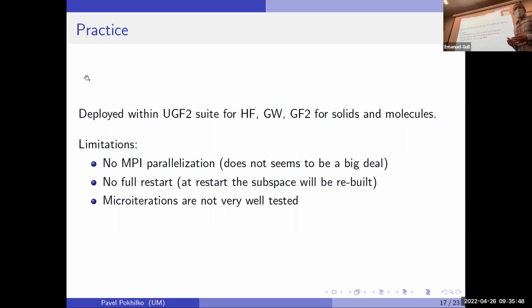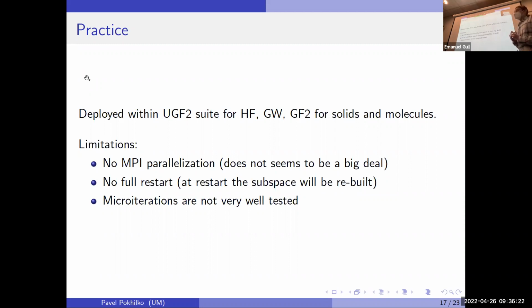I was more interested in the correctness of the implementation rather than in speed, so I didn't put in MPI parallelization, but it doesn't seem to be very important because the cost of evaluation of the self-energy is much larger than the cost of the evaluation of overlaps or commutators. Unless you want to run an enormous number of iterations, this is not that important.